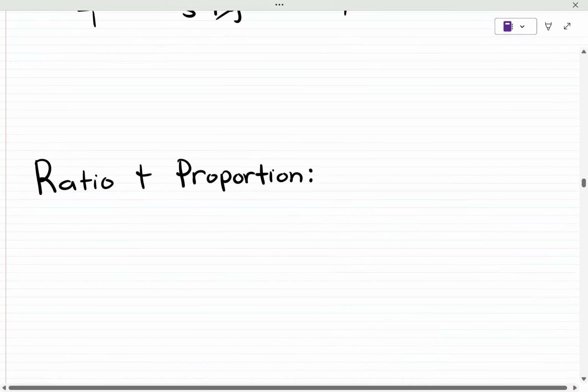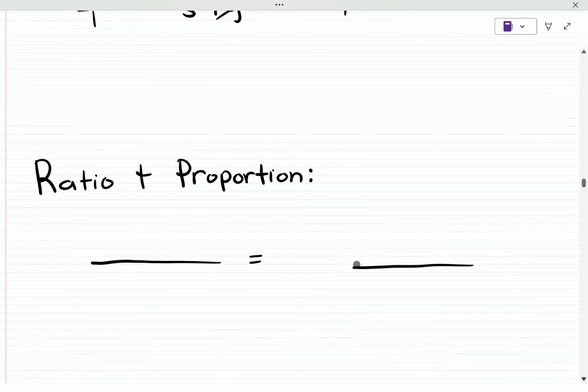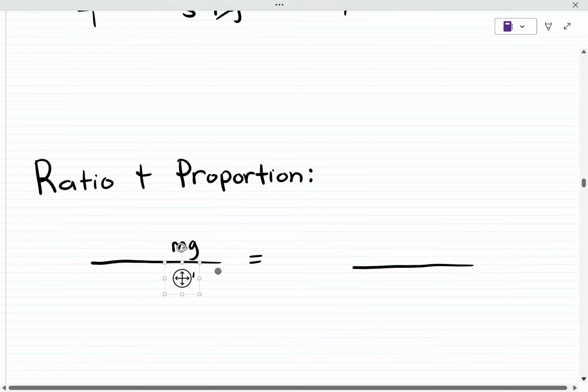Okay, ratio and proportion. I don't think we have to do double converting. We put milligrams on top and milliliters on the bottom. Our availability was 5 milligrams per 5 milliliters.